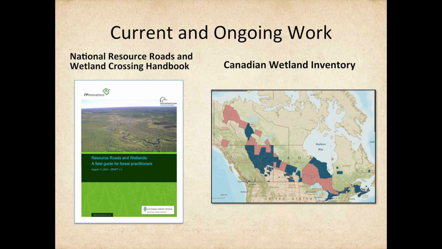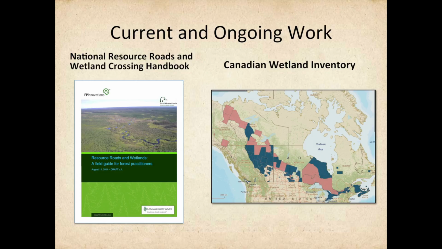And the other thing is, getting a good wetland inventory. And although this is not as detailed as the work we're currently doing, there is a Canadian Wetland Inventory initiative taking off across the country. The blue is what's completed. The red is what's underway.